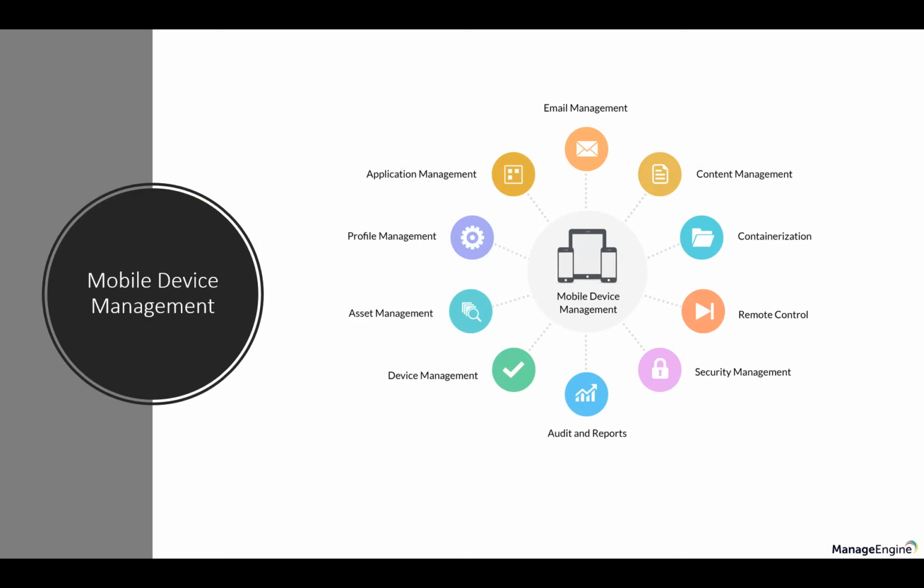So all these are getting pushed to the mobile devices, and there's no way that you can uninstall these enterprise apps. There's email management, content, and containerization possible in Mobile Device Manager Plus.